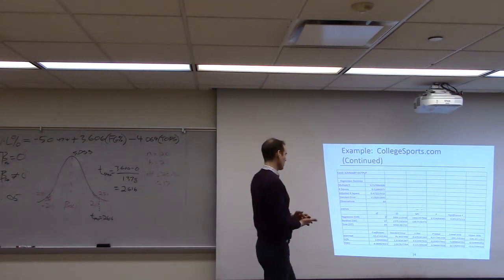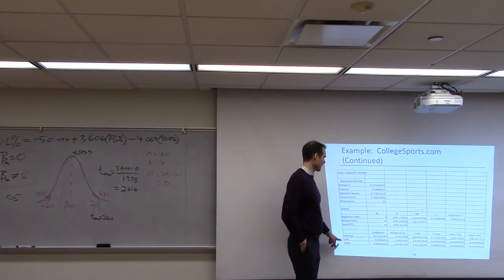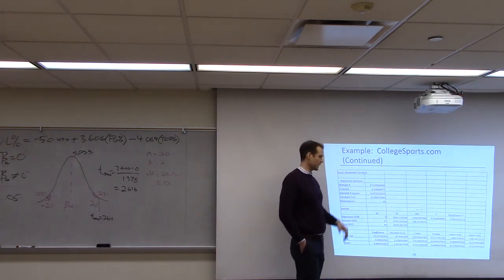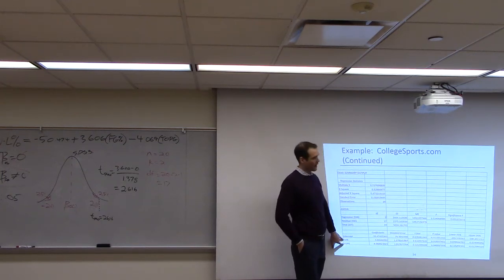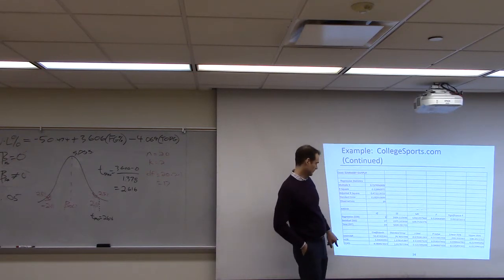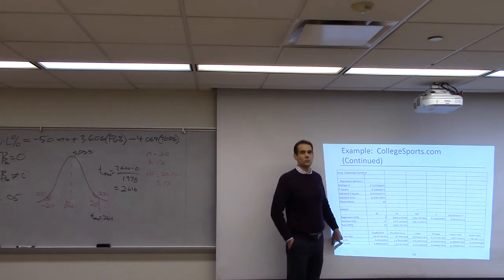Alright, so tell me how confident you are that we can infer that there is a statistically significant relationship in the whole population for field goal percentage and turnovers per game. Which one are you more confident of? Field goal.